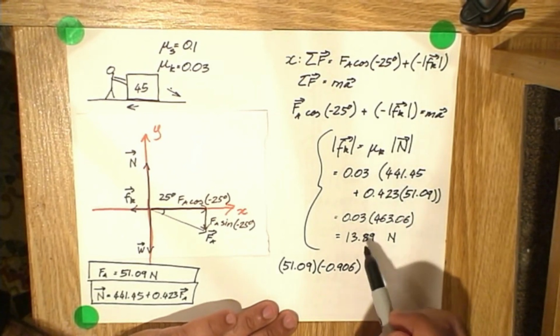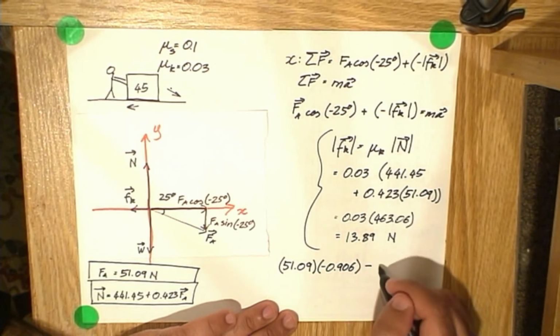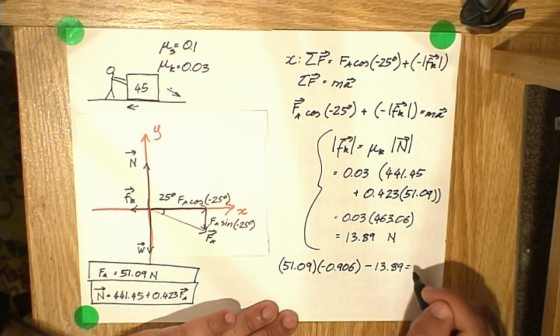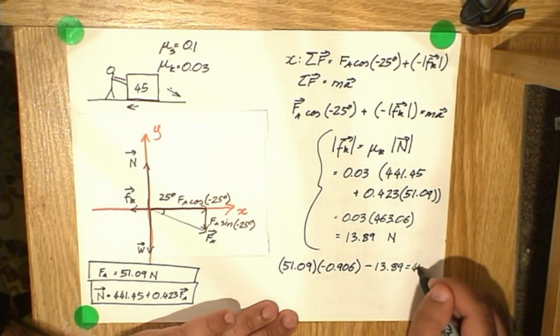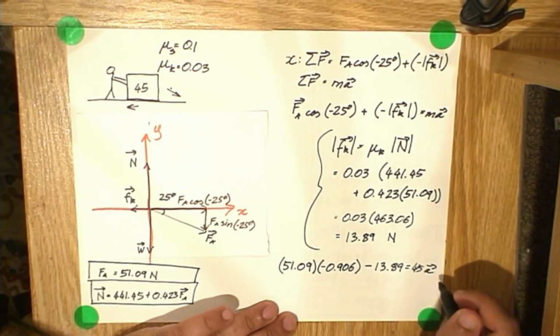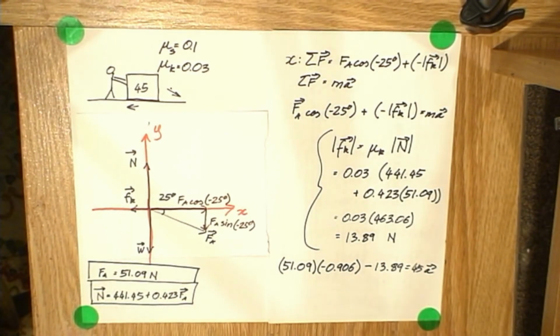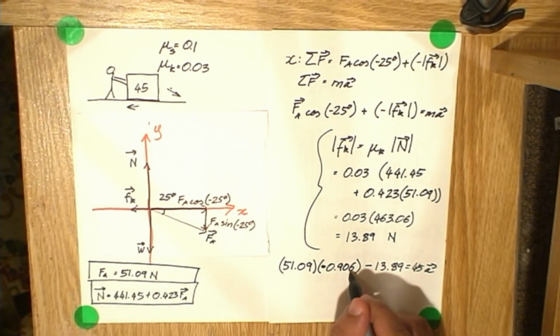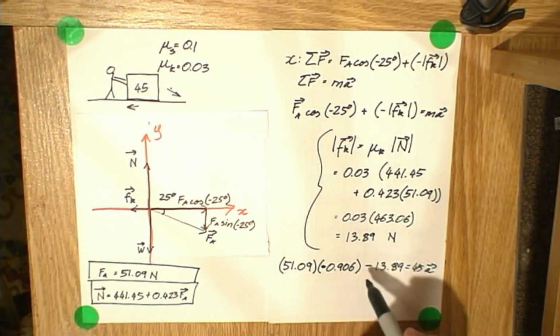Minus the force of kinetic friction, which would be 13.89, that's equal to the mass, 45 kilograms, remember, times the acceleration. By the way, this should be a positive 0.906. The cosine of negative 25 is positive 0.906.